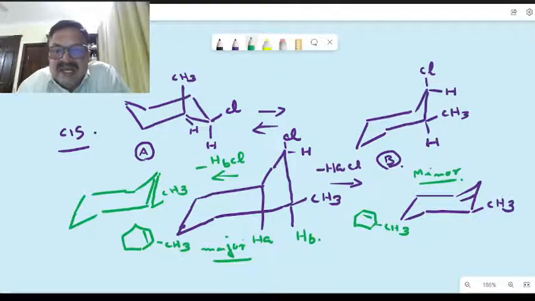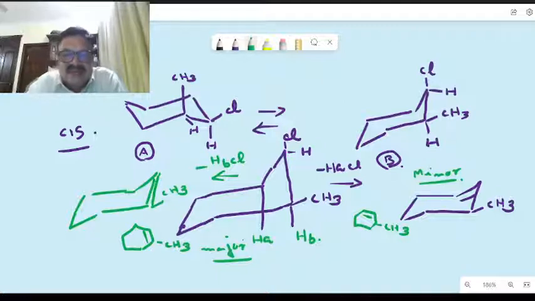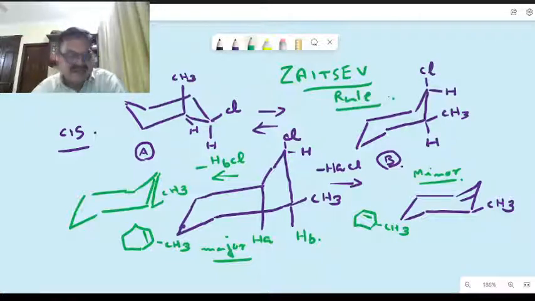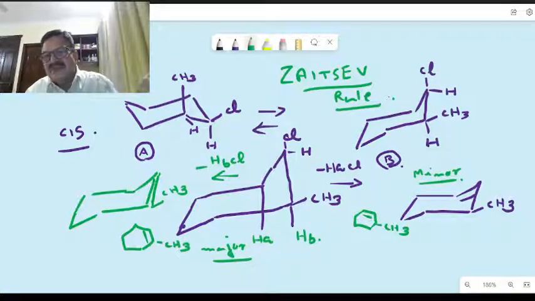As predicted by which rule? There is a rule called the Zaitsev rule. What does the Zaitsev rule say? This is a Russian scientist's name, and different textbooks write it in different ways, such as Zaitsev or Saytzeff.